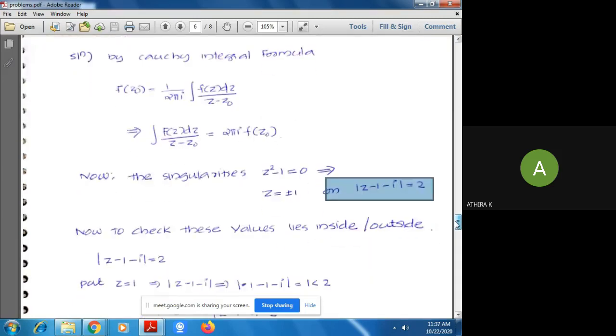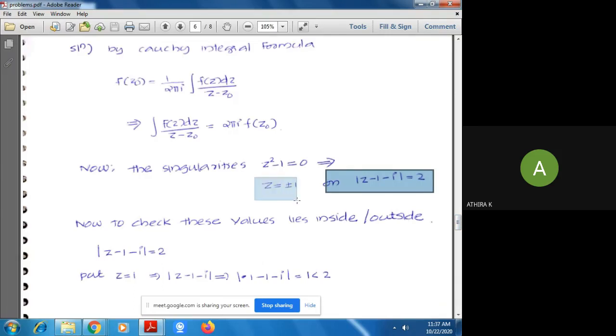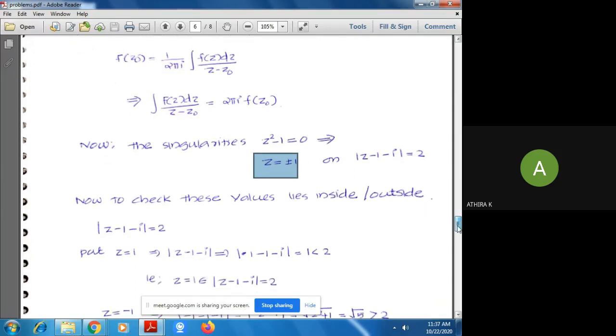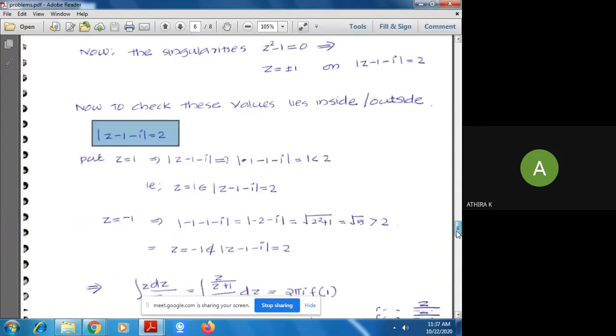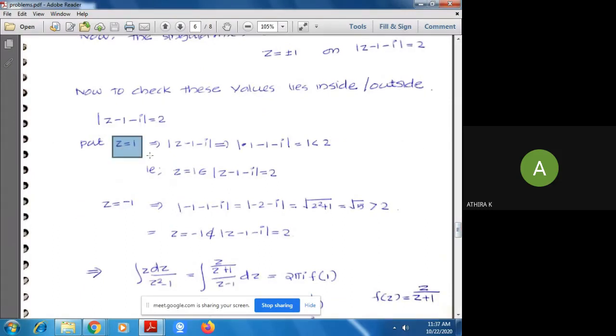Now we want to check whether these values plus or minus 1 lie inside or outside the circle. We substitute 1 instead of z in mod z minus 1 minus i is equal to 2 and find the value. Similarly, we substitute z is equal to minus 1. So, first I put z is equal to 1. This implies mod of z minus 1 minus i, which is 1 minus 1 minus i.